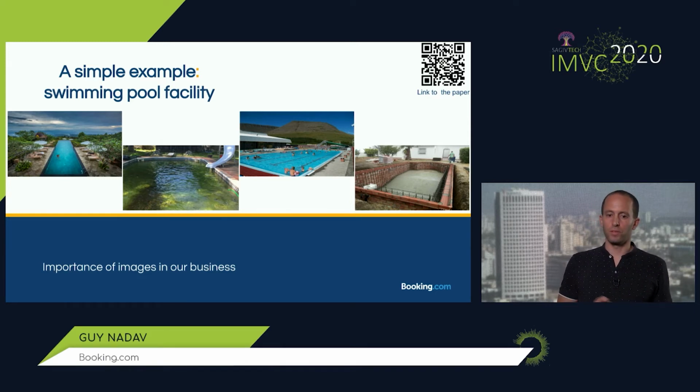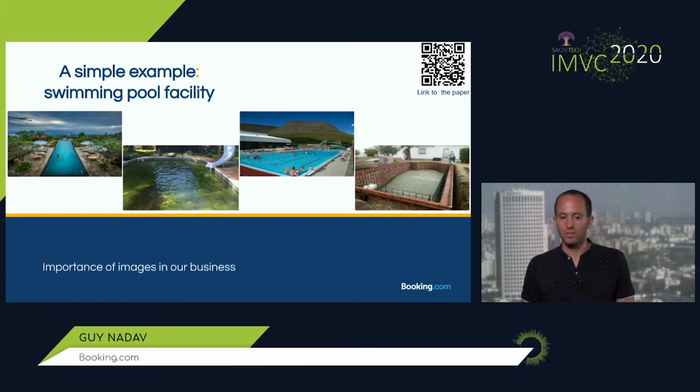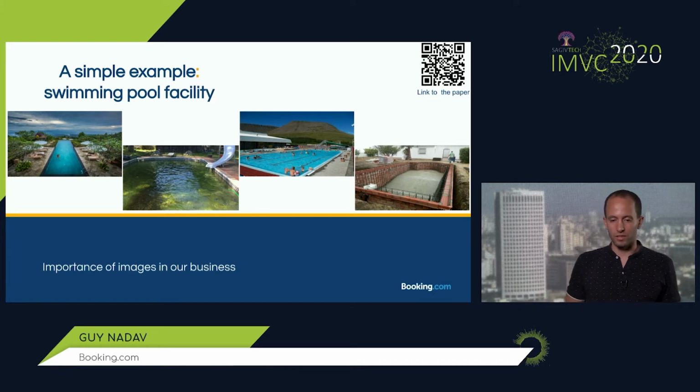A binary representation that will describe whether the hotel has a swimming pool or not will obviously fail in capturing a lot of the information about the type of the swimming pool. For instance, take a look at the right image. Would you like to stay at that accommodation? I guess not. Representing the image details in a structured and usable format that will contain enough information to understand stuff like user decisions or other characteristics of the hotel is not a trivial task.